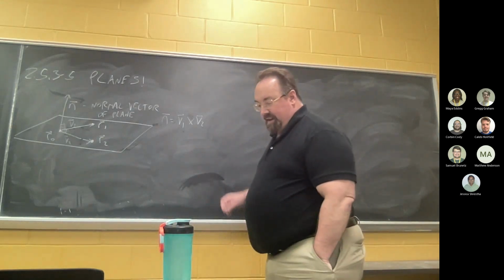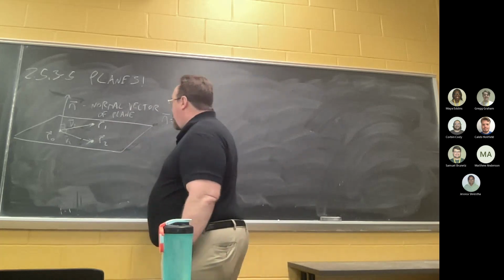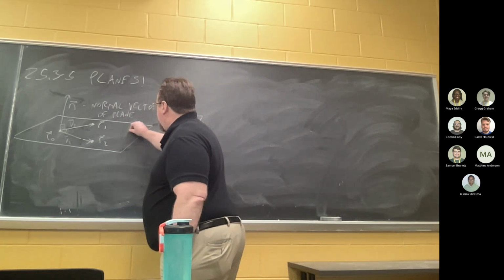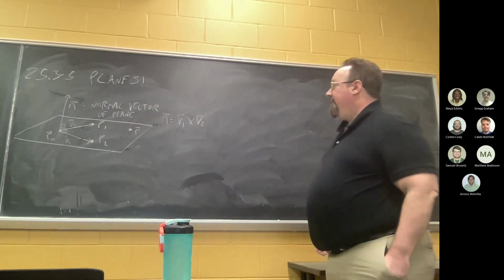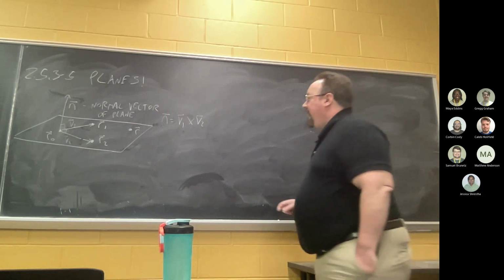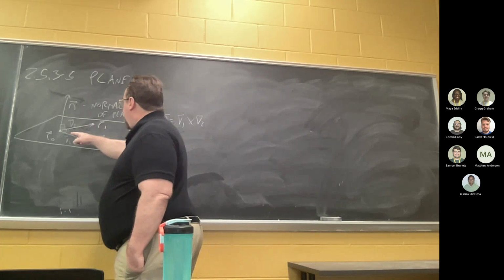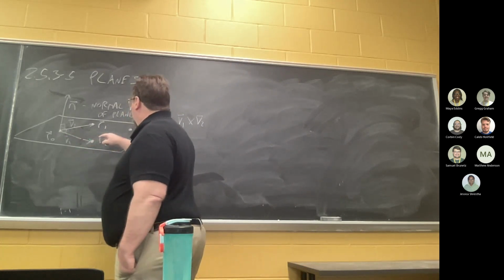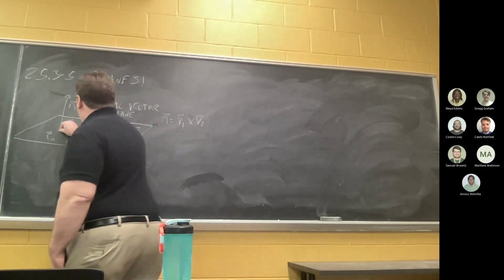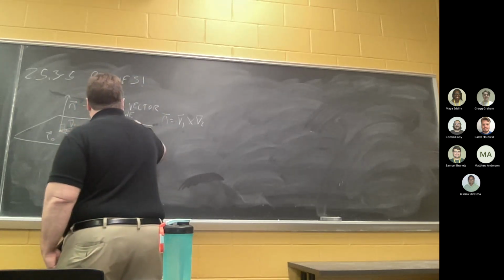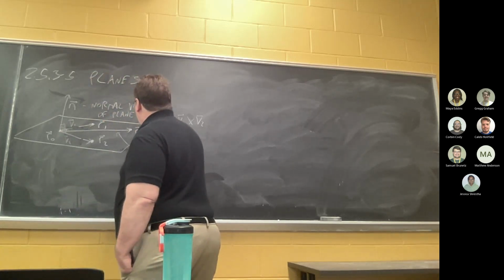So now suppose I have some arbitrary point that's somewhere within this plane. So this point over here, I'll just label it R. Now, if I draw a vector ending at this point from any other point in the plane, and I'll just pick R0, this vector right here is R minus R0.